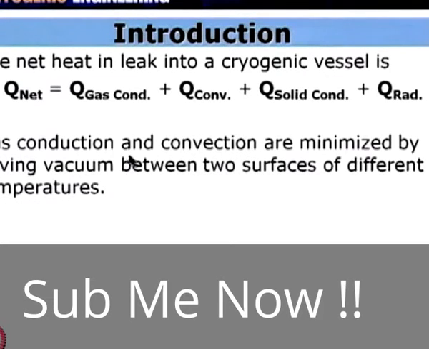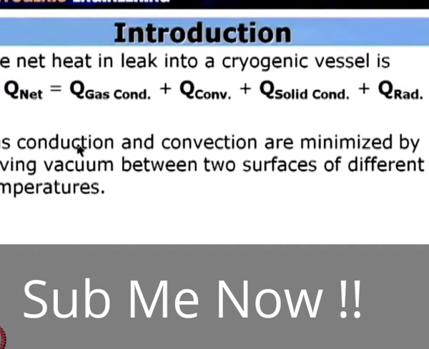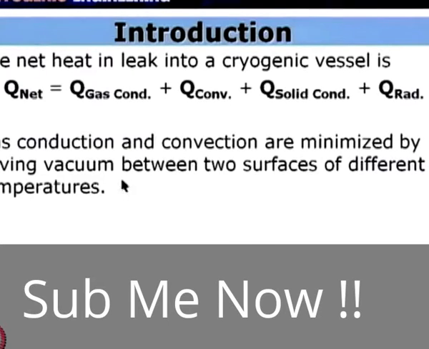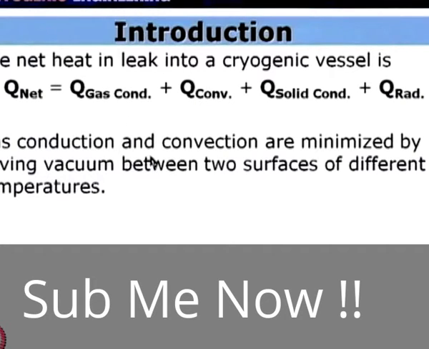All right. So, gas conduction and convection are minimized. The heat inlet occurring because of gas convection and conduction is minimized by having vacuum between two surfaces of different temperatures. So, if I have good vacuum, the first two heat inlets can be completely taken care of.